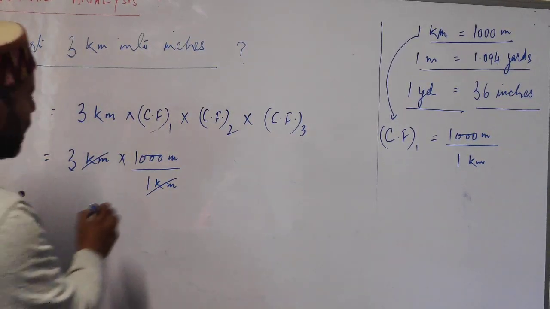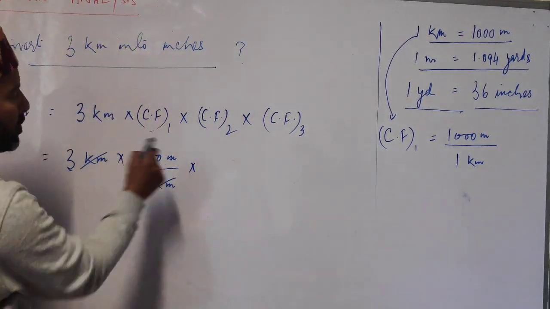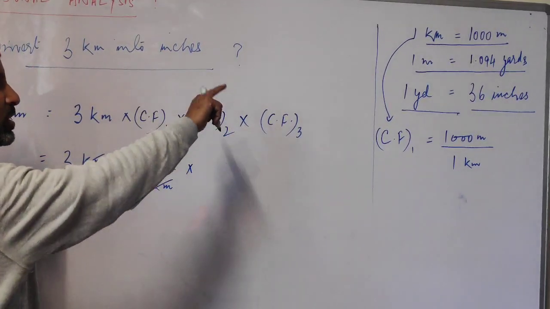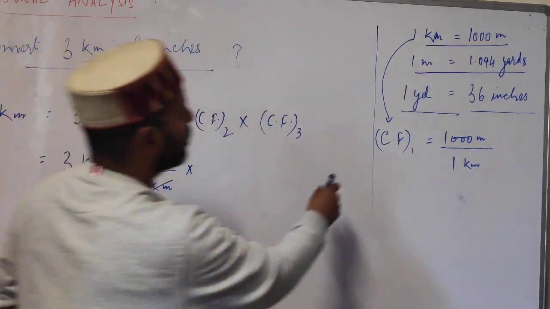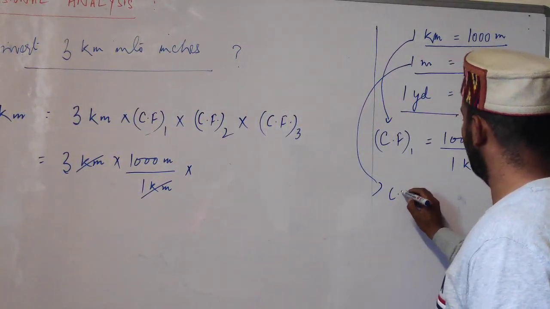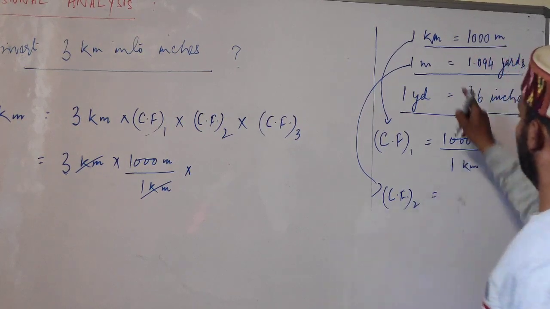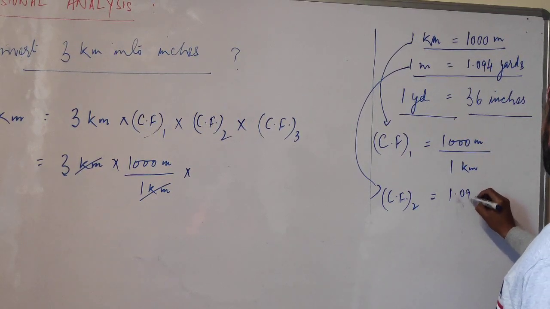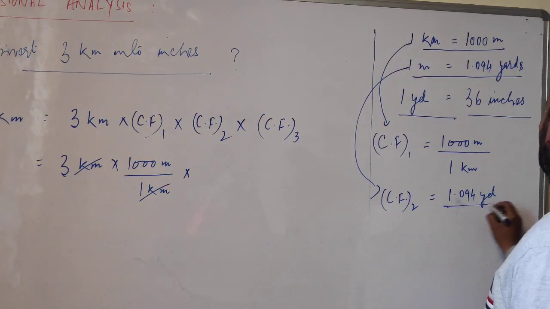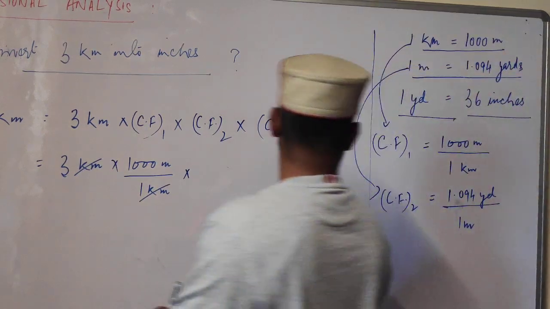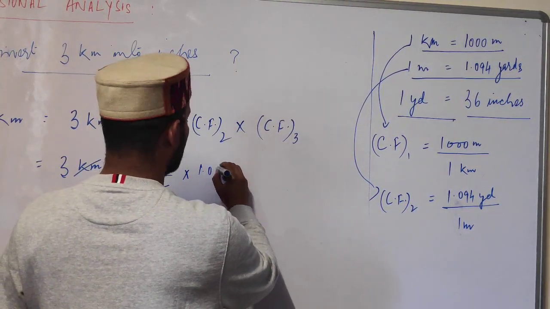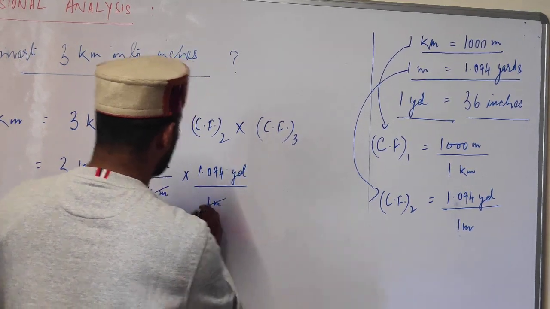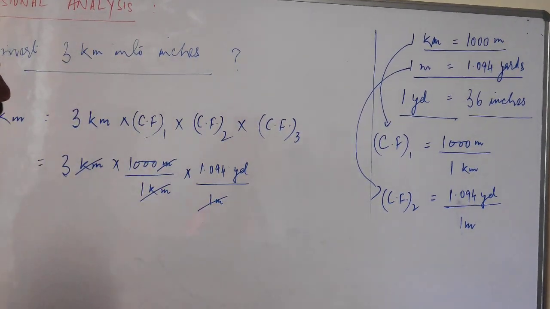So now we have the answer in meters. But we require inches, and you cannot go directly from meter to inch. First we have a conversion. So we will now use another unit factor, and we require yards now. So we'll have yards upon 1 meter, that is 1.094 yards upon 1 meter, and this will result in cancellation of the meter.